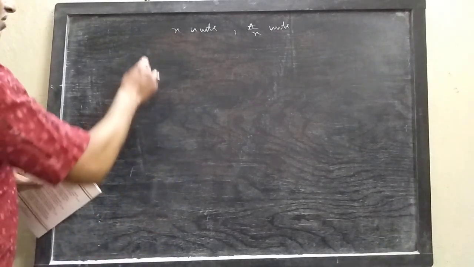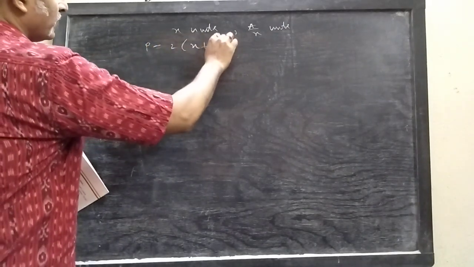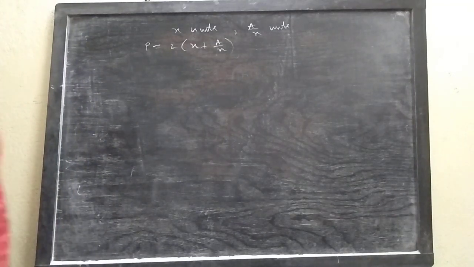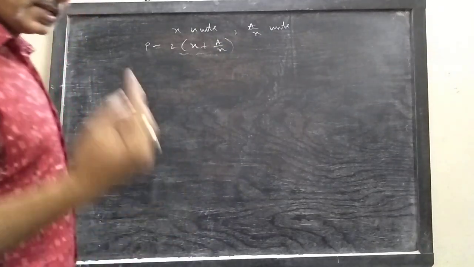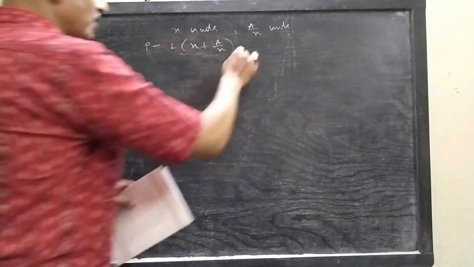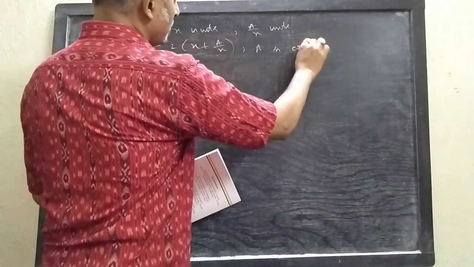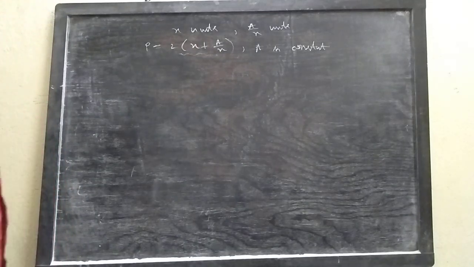Then its perimeter will be given by P equals 2 into the sum of any two adjacent sides, that is 2 into x plus A by x. Look, here the perimeter is expressed in terms of a single variable x, where A is constant. Mind it, A is constant. Why constant? Because the area is given, as mentioned.